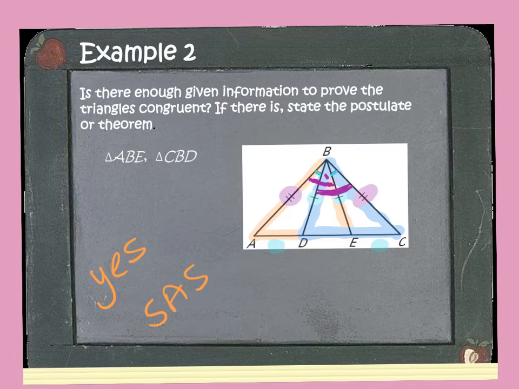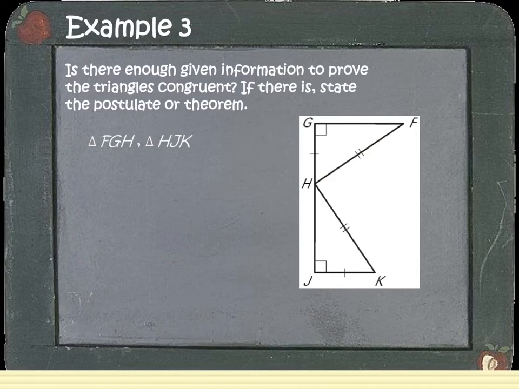Questions on that one? Okay. Is there enough information to prove the triangles are congruent? If there is, state the postulate or theorem. So now we're saying F, G, H, and H, J, K. What information do you have? Hypotenuse, leg. Now you got to pay attention to the order of the letters, right?